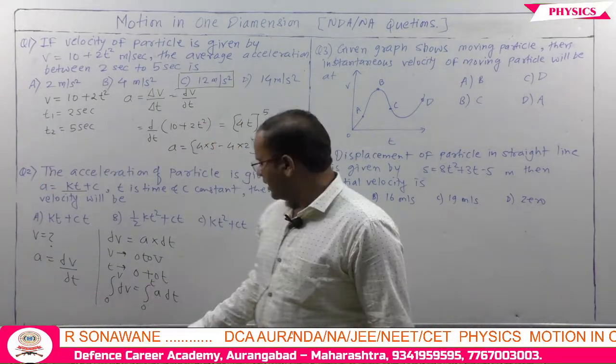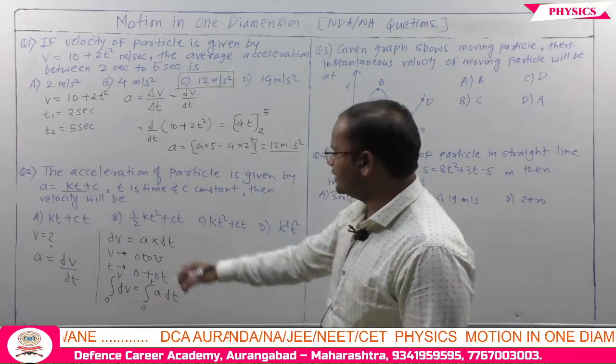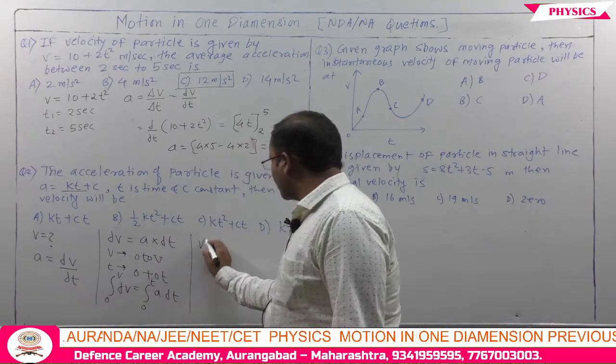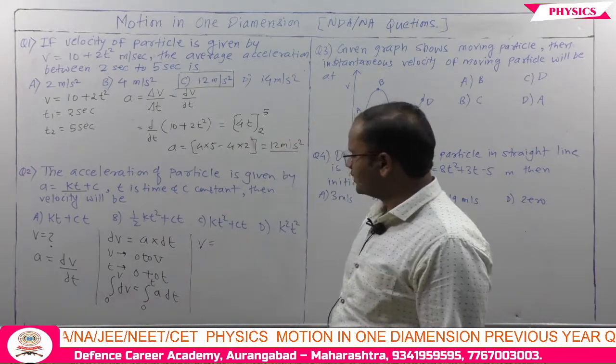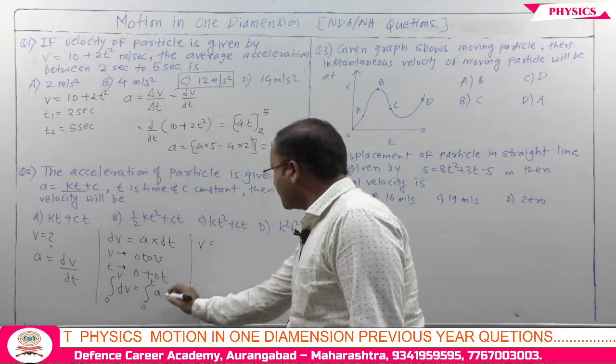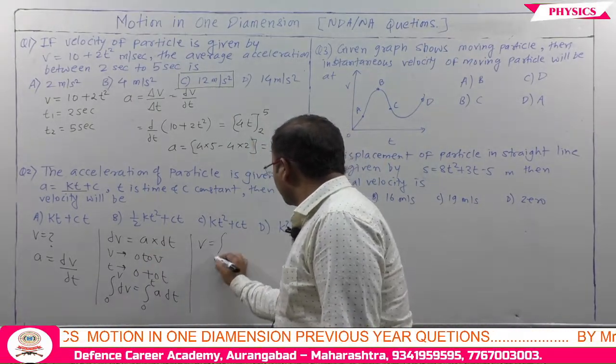By putting the value of acceleration which is given in the question, for dv the total velocity will be v here, and we put the maximum and minimum limits.